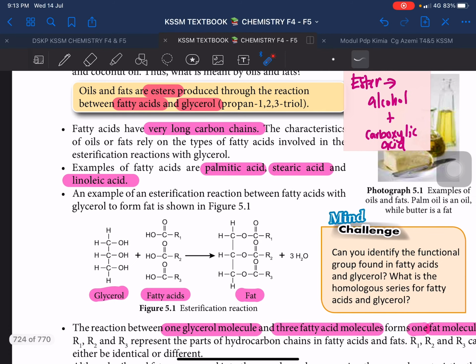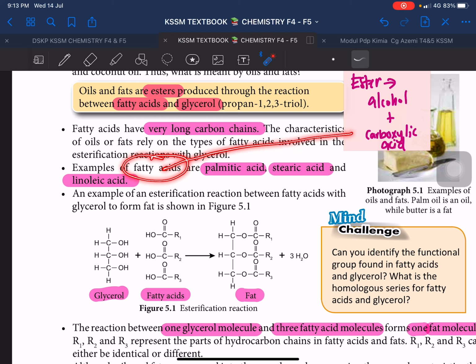Okay, so fatty acid, like I said just now, is a carboxylic acid that has a very long carbon chain. The characteristic of oils and fats actually relies on the types of fatty acid. So depending on this, short or long, you get oils and also fats. So, what are examples of fatty acid?